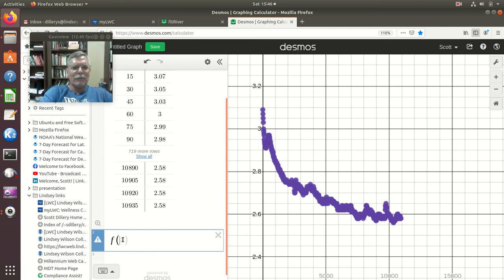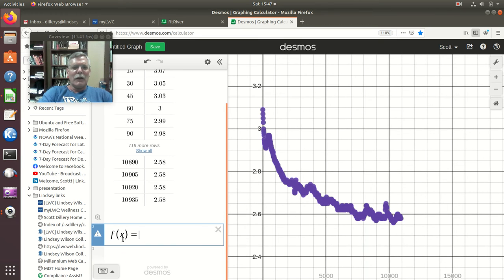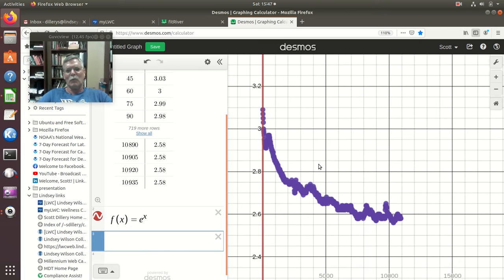So I have f of x is equal to e to the x. Okay, wow, look at that. There's e to the x, and it looks like it's just the y-axis. So we've got a lot of work to do.